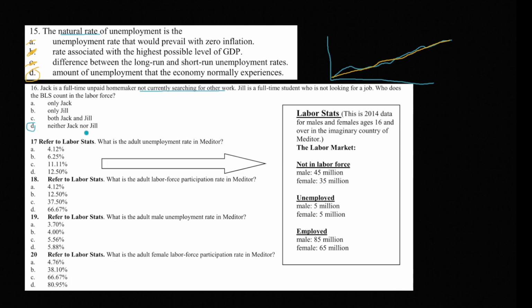All right, what is the adult unemployment rate? The unemployment rate, I'll just write UR. I'll do this calculation over to the side here. UR is equal to the number of unemployed people over the labor force.